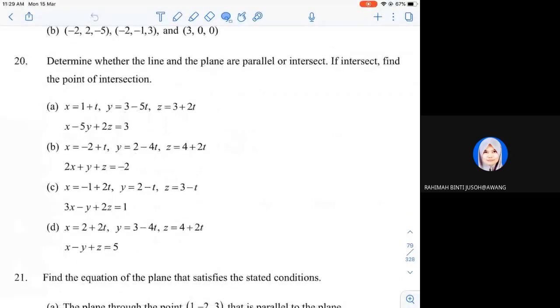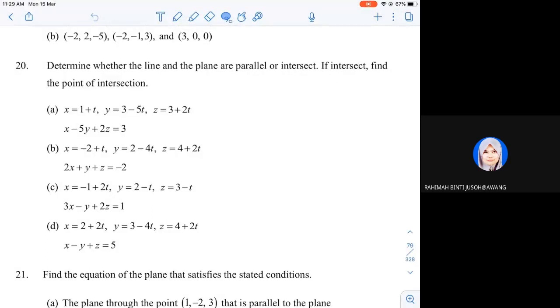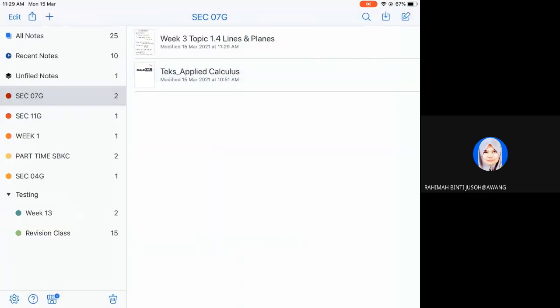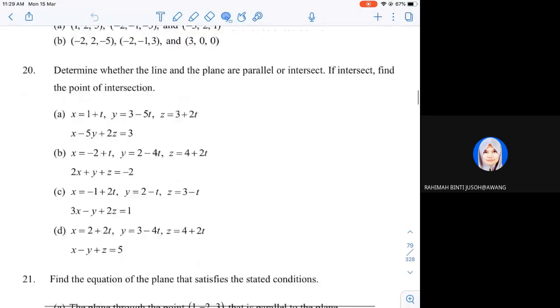Okay, whether the line and plane parallel or intersect. If intersect, find the point of intersection. Okay guys, tadi kita test antara line dengan line tau. Sekarang ni kita test karakteristik of line dengan plane. Okay, sama juga. Untuk line dengan plane ni.